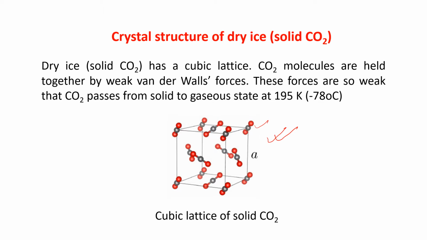The grey one is the C and the red ones are the oxygen. So they are held together in this way. CO2, CO2, CO2 everywhere, in the corners also, in the faces also. They are held together by weak van der Waals force. These forces are so weak that CO2 passes from solid to gaseous state at 195 Kelvin. This is the cubic lattice structure of solid CO2.